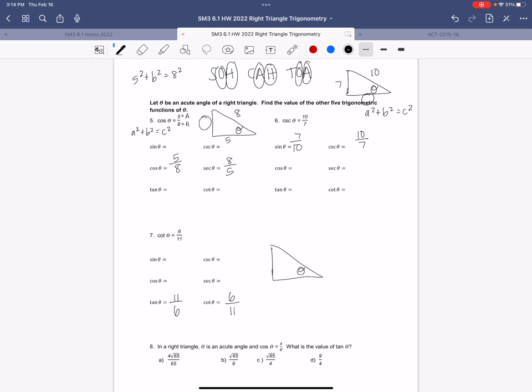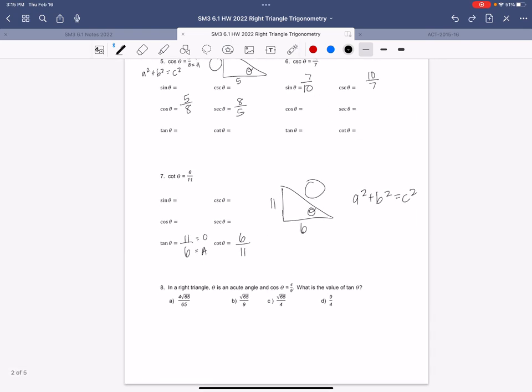So that makes this the opposite side and this the adjacent side. Oh my gosh, I keep writing the letter instead of the number. There you go. And again, you use a squared plus b squared equals c squared. Find the hypotenuse, your missing side. If you're finding the hypotenuse, it's always c. If you're not finding the hypotenuse, it can be either a or b. It doesn't matter which one. And you'll find the rest of them.